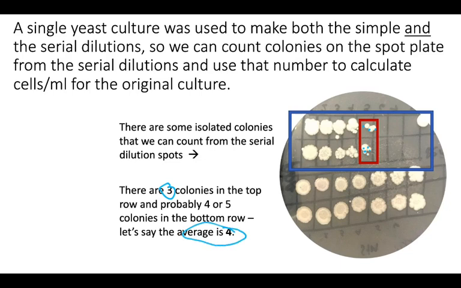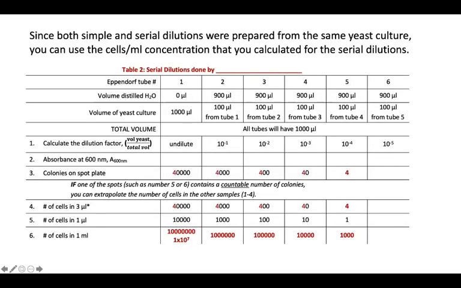So let's say that the average is 4. Here we took the number of colonies that we counted on spot number 5 and plugged it into this table. So if we had 4 at that dilution, we had 40 here, 400, 4,000, 40,000, etc.